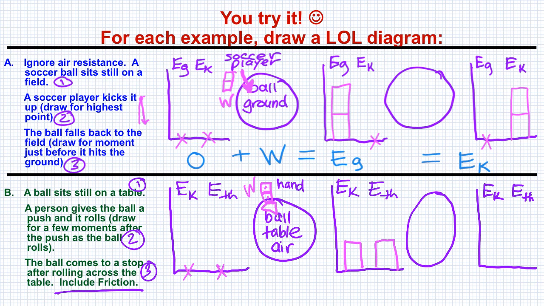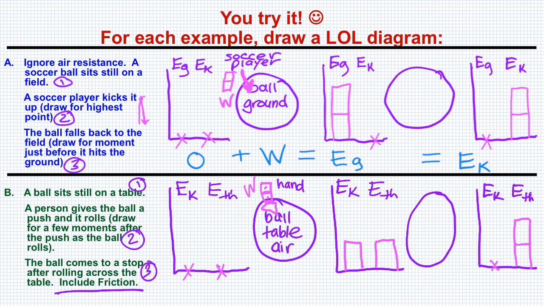And what I will see, if I think about it, is that at the third snapshot moment in time, the ball has come to a stop. So there's no kinetic energy. All the energy in this case would now be thermal. And so I would have 2 blocks of thermal energy.